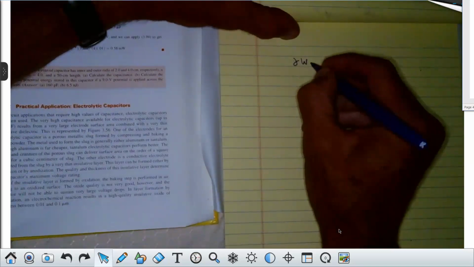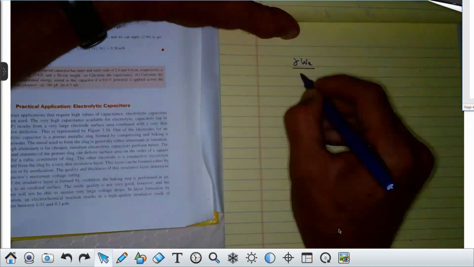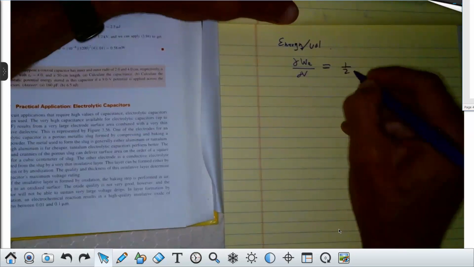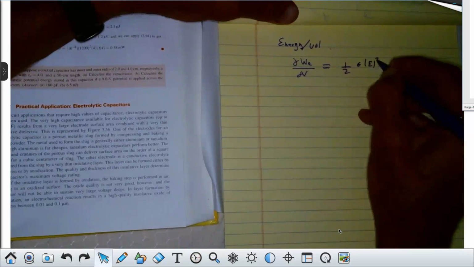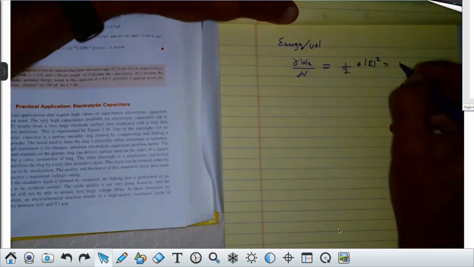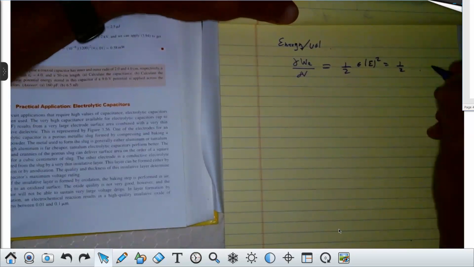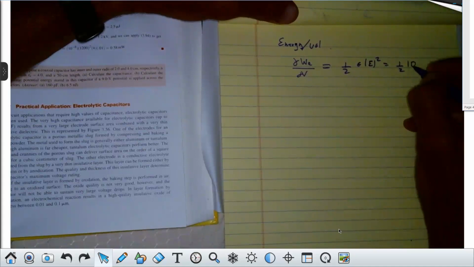Yeah. If we have the differential energy, the symbol is usually WE or work. The differential energy per unit volume is equal to 1/2 epsilon times the magnitude of E squared, or it's equal to 1/2 and then it would be D squared.